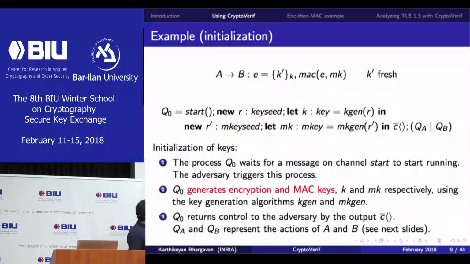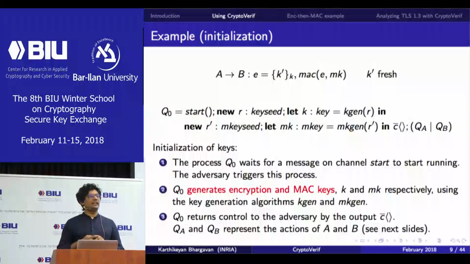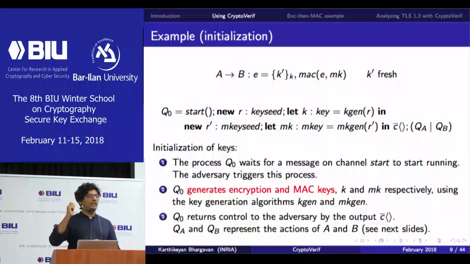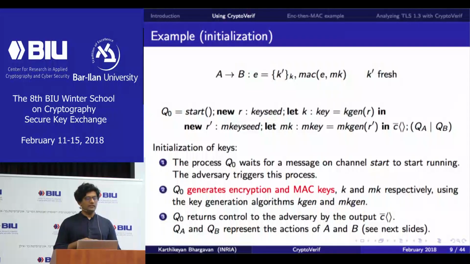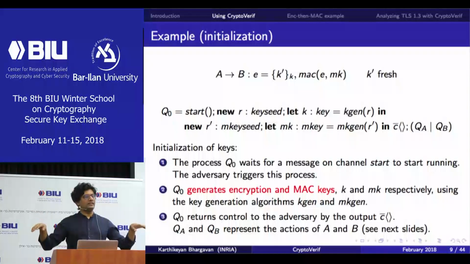What it does is generate a new key seed, which is like coins that you generate for key generation, and then calls kgen, which is going to create an encryption key, K. Then it creates a new key seed R prime and uses that to call mkgen, which is going to create for you a new MAC key mk. And then it's going to run the process QA and QB. It doesn't give the attacker any secrets because these are supposed to be secret keys. So it's going to run QA and QB in parallel.